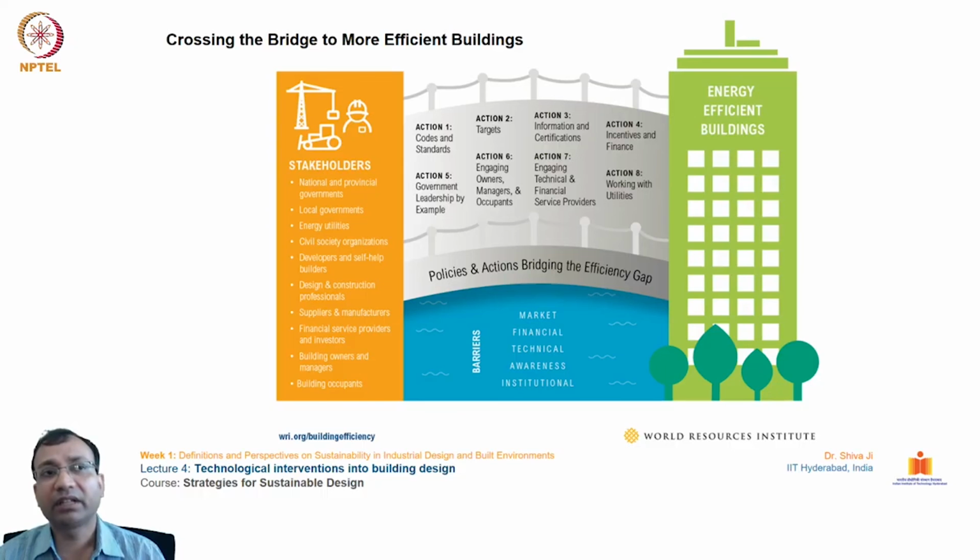So what could be the action points here? To prepare codes and standards, fix some targets for resource optimization and for energy consumption. The third one, information and certification, to go for information dissemination systems where these targets can be achieved, and giving incentives and financial help to these stakeholders.